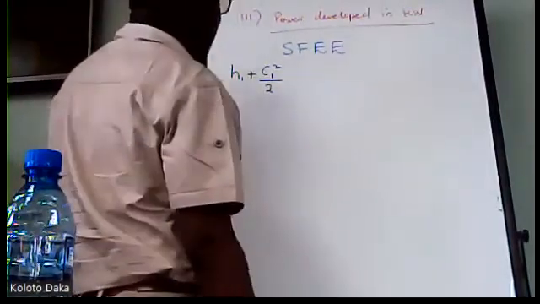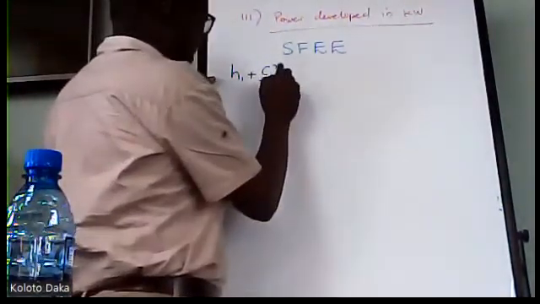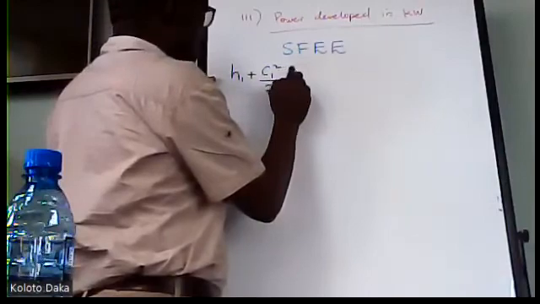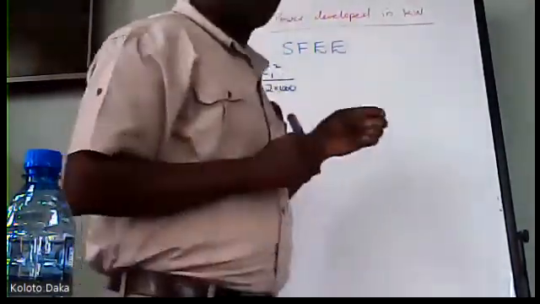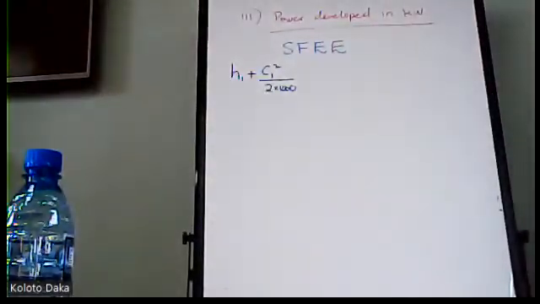But because we are dealing with kilo, this will be 2,000, you multiply by 1,000, because you want the answer to be in kilo.